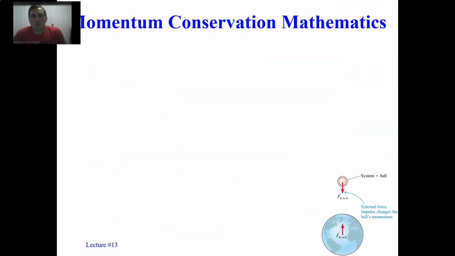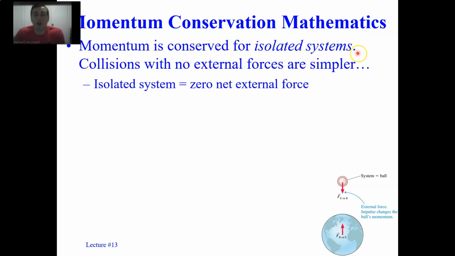So let's say a little bit more about momentum conservation mathematics and what are the real conditions to think about mathematically. Okay? So the idea is that momentum is conserved for what we're going to call isolated systems. So in other words, collisions with no external forces are simpler when they are isolated, when we draw a circle around just those objects that are colliding.